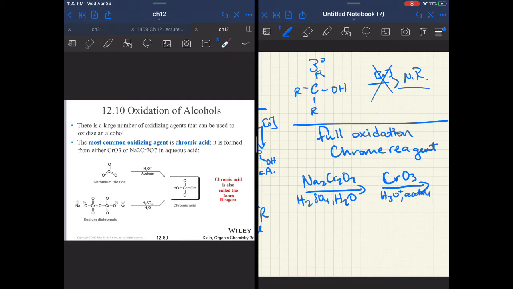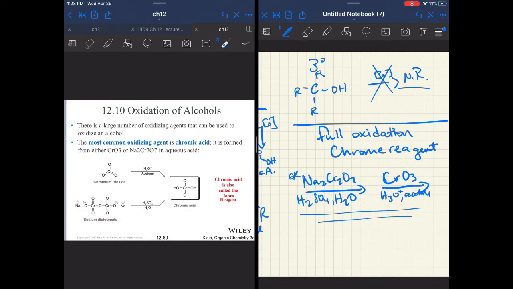Both of these do the exact same thing because in situ, what they make is chromic acid, H2CrO4. This is what is actually reacting. It's not stable by itself, so you have to make it in situ, either this way or this way. This is the one that I'm going to show most frequently.